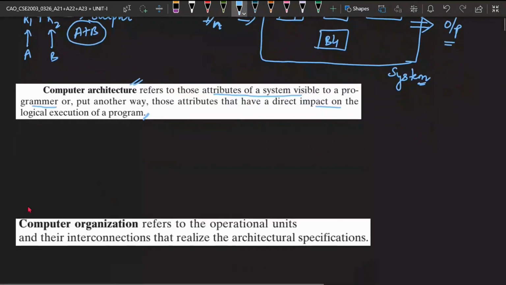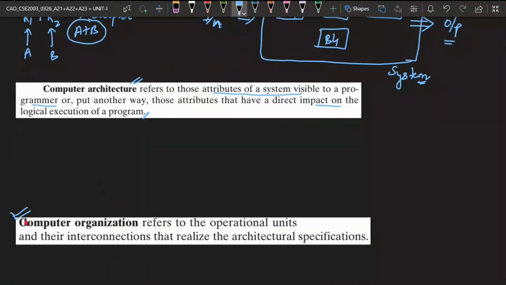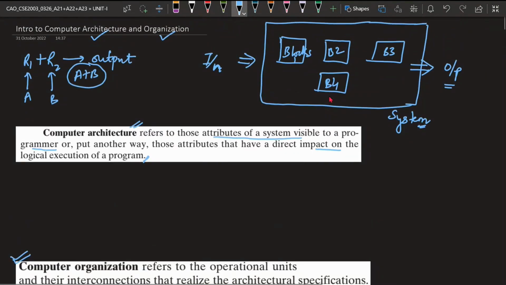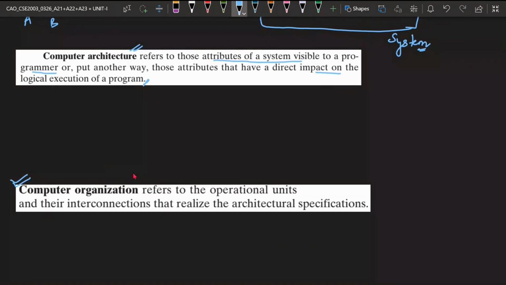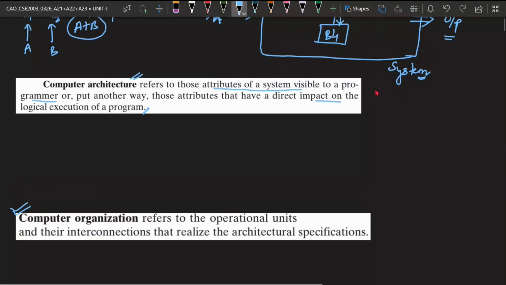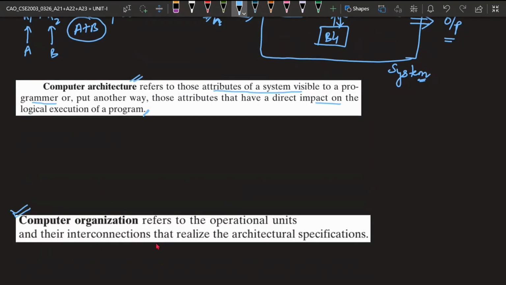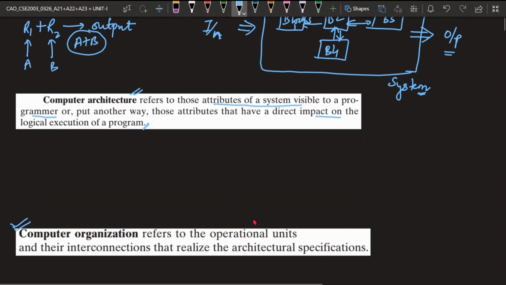Next we will see what computer organization is. Different building blocks are there, and how they communicate with each other is considered the organization. It refers to the operational units and their interconnection: the different building blocks and their interconnections that realize the architectural specifications.